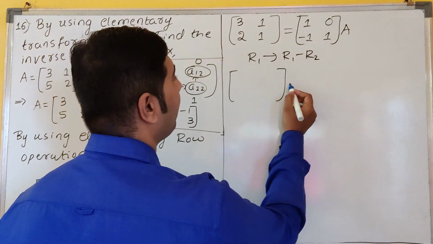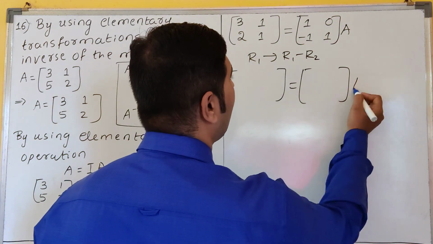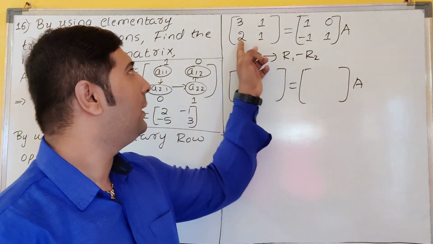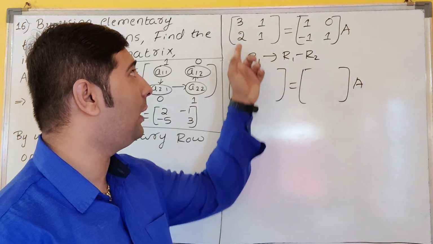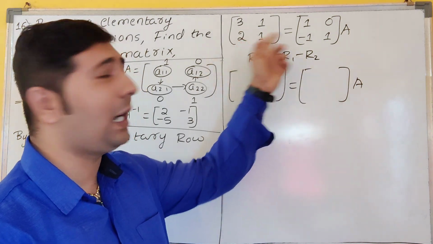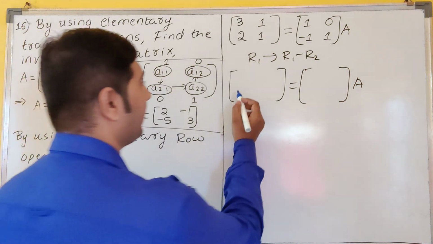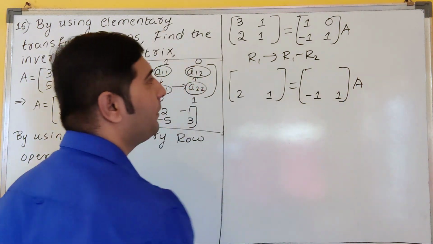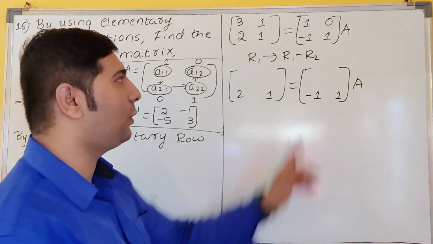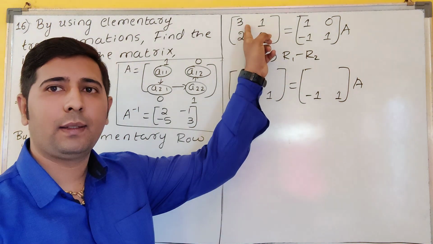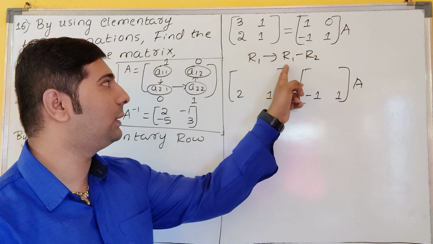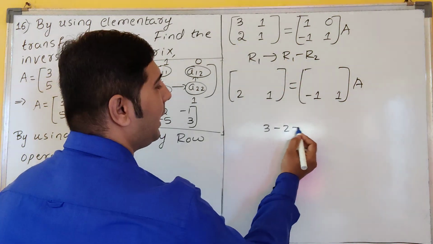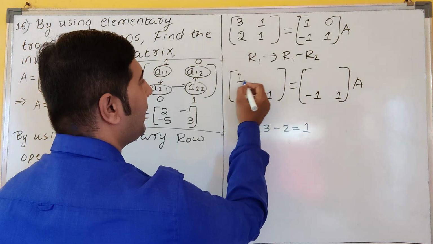So now we will write this. You are changing R1, so no need of R1. R2 is not changing, which means you write as is. So that is 2, 1, minus 1, 1. So now R1 minus R2. R1 is 3, R2 is 2. 3 minus 2 is 1, I will write 1.